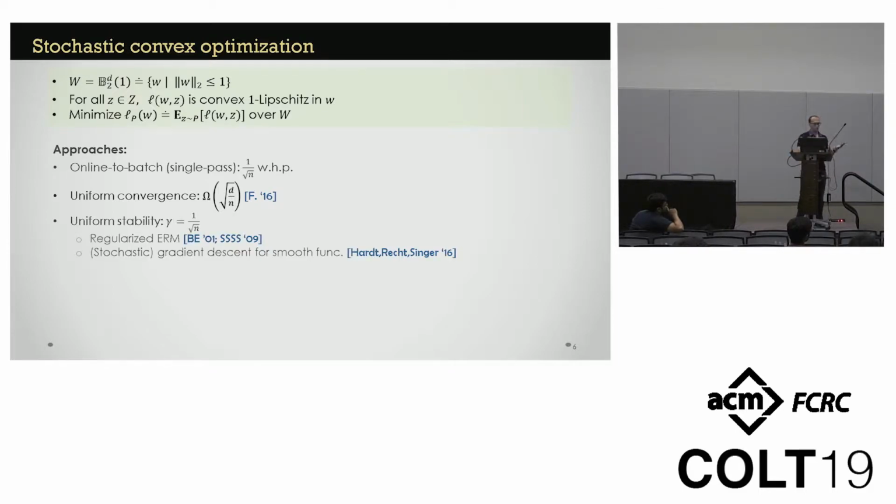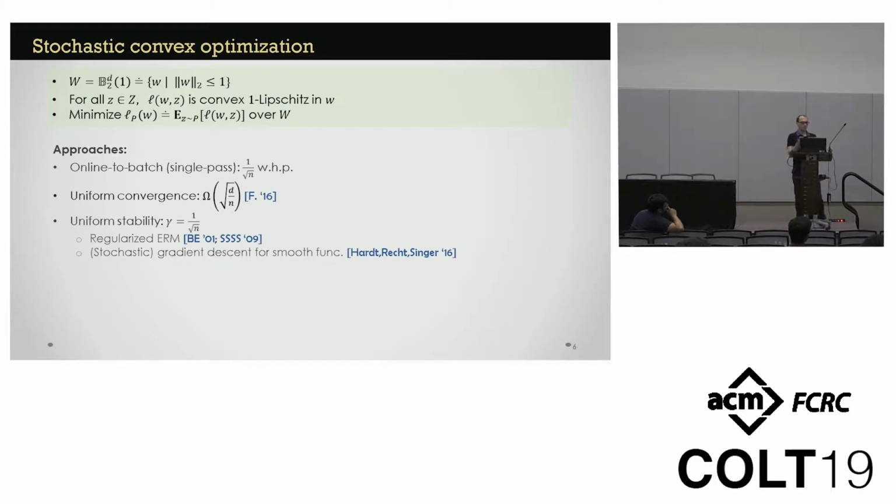Finally, there is an approach based on uniform stability. And there are two ways to get bounds from this approach. The first one is by using regularized ERM. And the second one is based on gradient descent methods with a little bit of smoothness. For both of those approaches, if you balance the empirical excess loss and the stability, you will get a stability parameter of 1 over square root of n.